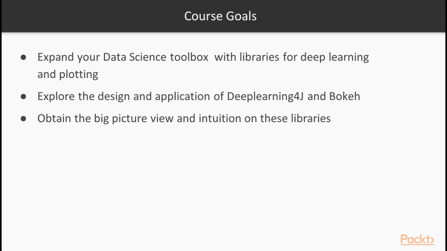It is good for building large and scalable applications, but if you want to do some advanced data science, data research, you might find it pretty limiting to use Spark for this purpose. So the purpose of this course is to explore 2 libraries that will greatly extend your capabilities as a data scientist using Scala. The libraries are Deep Learning for J and Bokeh that I have mentioned earlier.